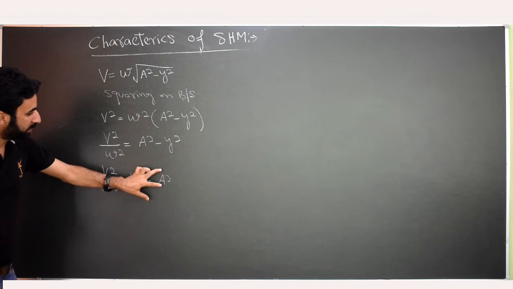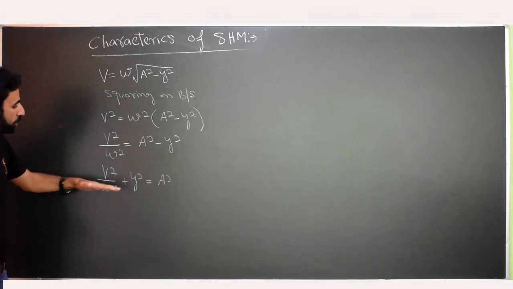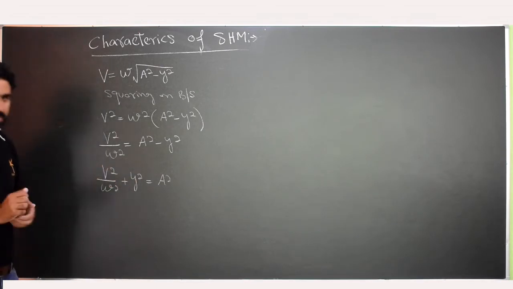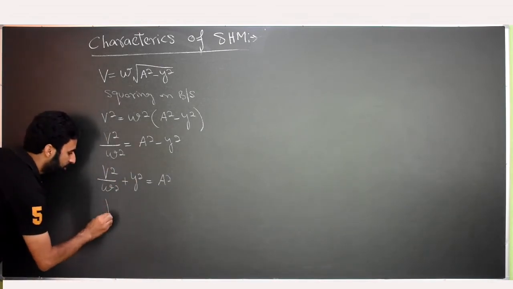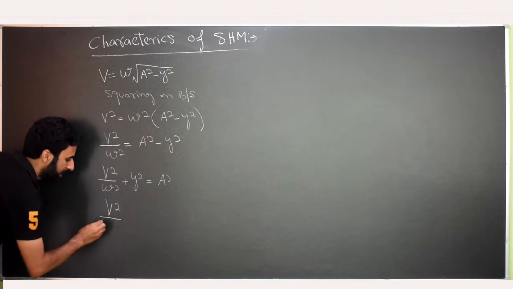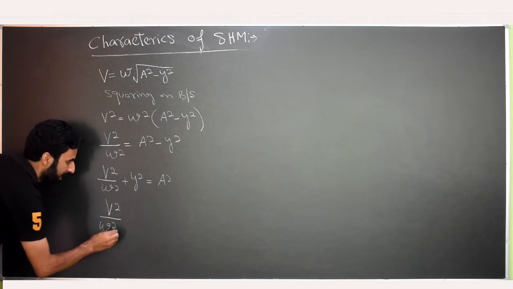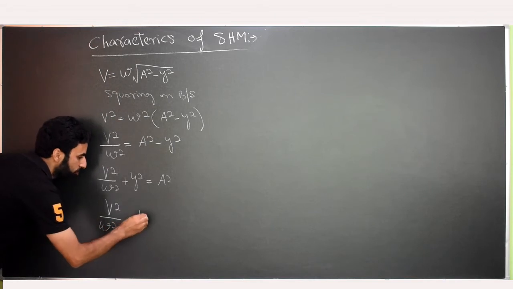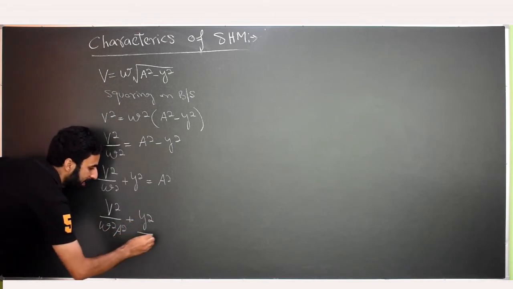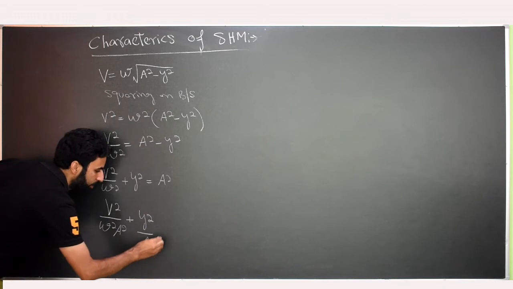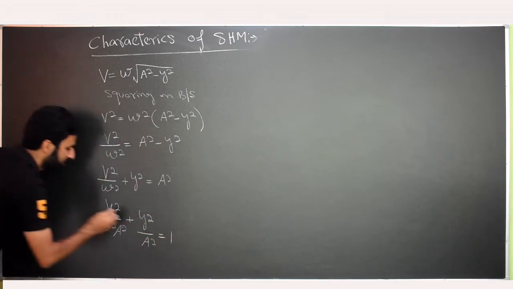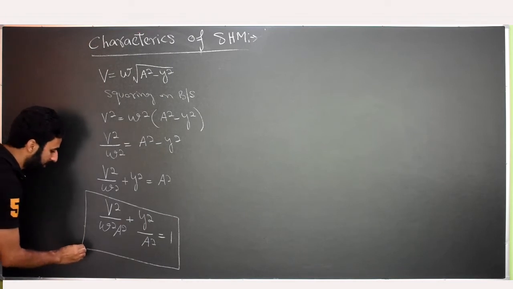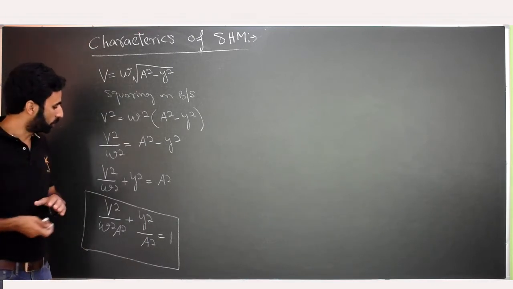Now if we bring this a square to the denominator, it will divide this term as well as the second term. So what we'll get is v square divided by omega square a square plus y square by a square is equal to 1. Now, this is an essential equation which we have obtained for a particle executing simple harmonic motion.